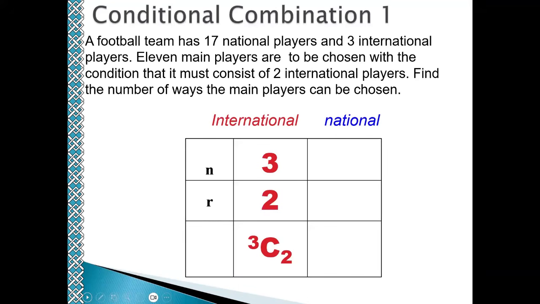When it comes to national, how many? 17. When it comes to R, because 11 main players, 2 already chosen, 9, so 17C9. If you are able to write this much, you will get the answer.